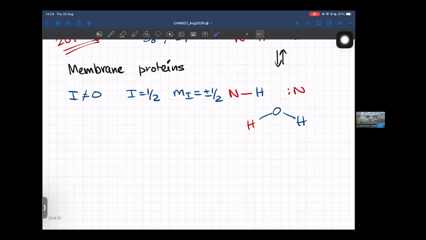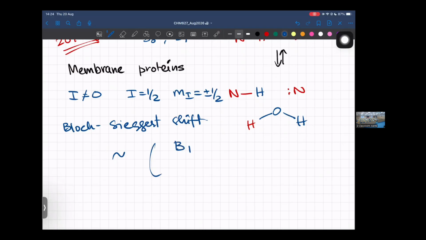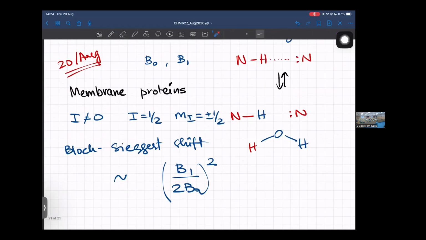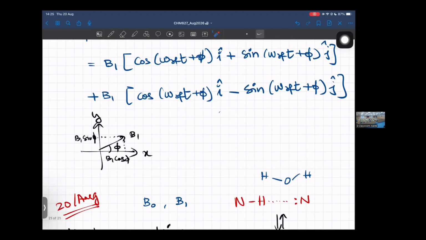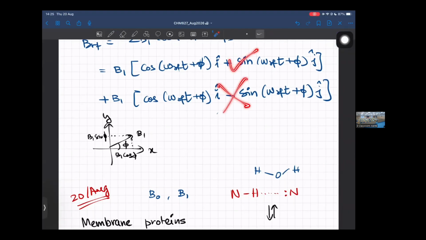Even the effect it has is termed the Bloch-Siegert shift, which is proportional to B1 over 2 B naught, the whole squared. What do I mean by this? It's not like the other component will not interact at all. Let's assume that this component interacts and this component is in the opposite direction of rotation.